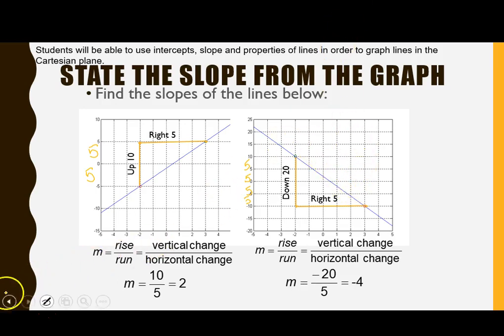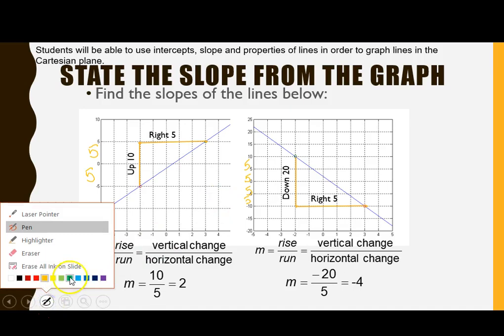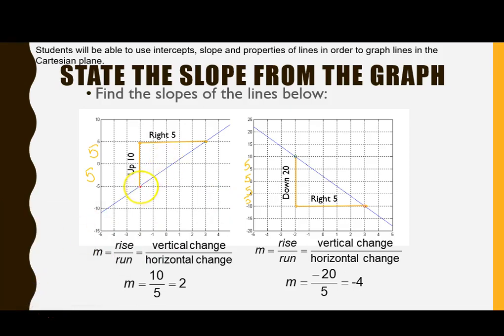One other thing I just want to point out here. Let's say you see the world differently. That's fine. You could have started out by saying, hey, I'm going to go right 5 and I'm going to go up 10. So that's still going to give me the same thing, right? Up 10 divided by positive 5 is still 2.